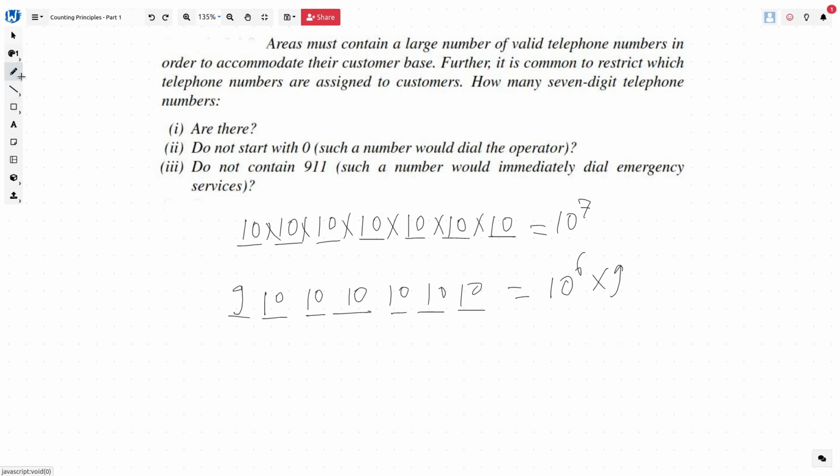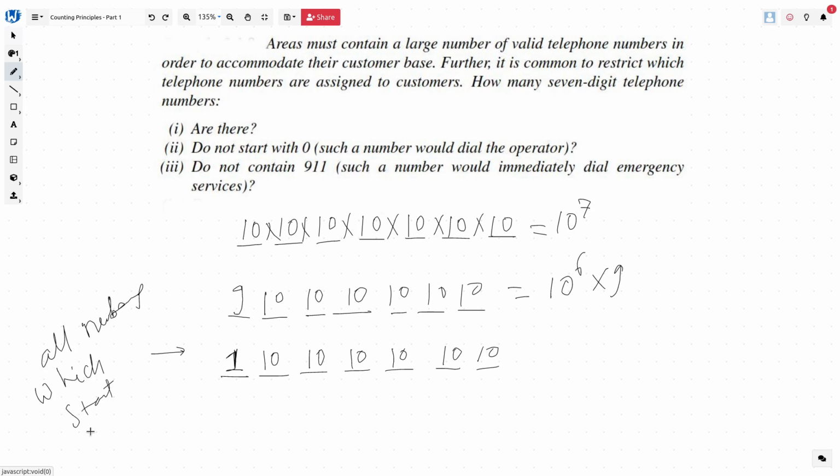It says do not start with 0, so let's count all the numbers which start with 0. The first digit can be filled in only one way, because it needs to start with 0, and the rest can be filled in 10 ways each. So it is 10 to the power 6.